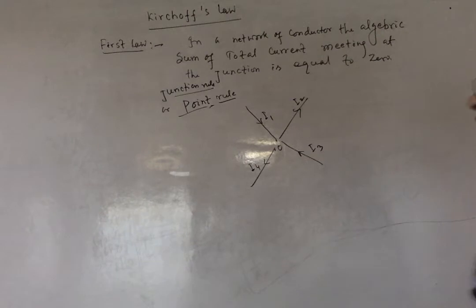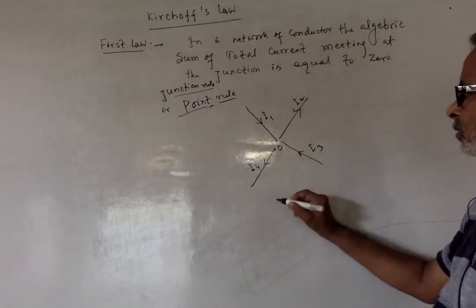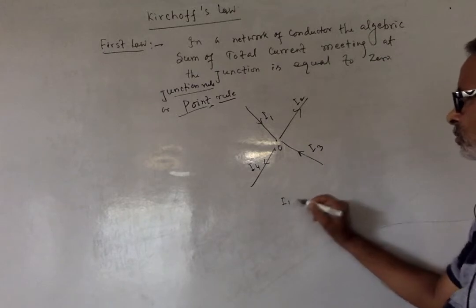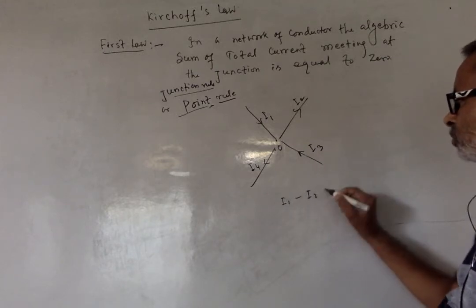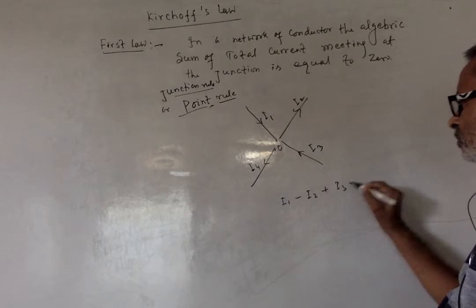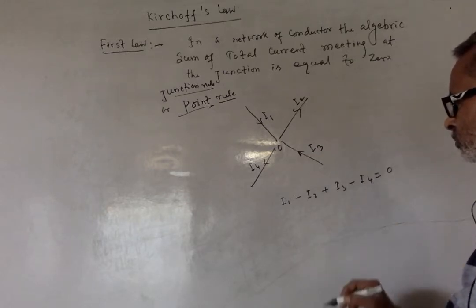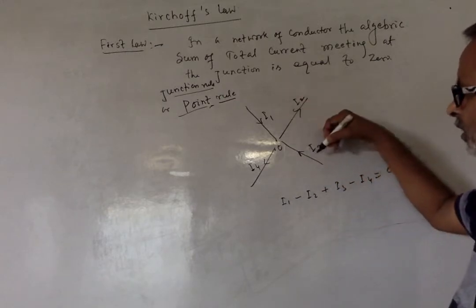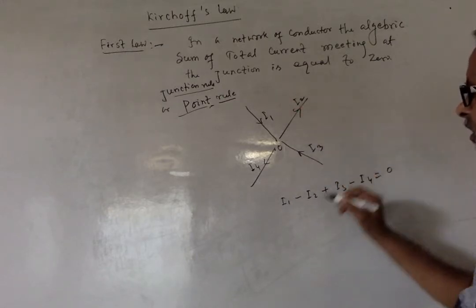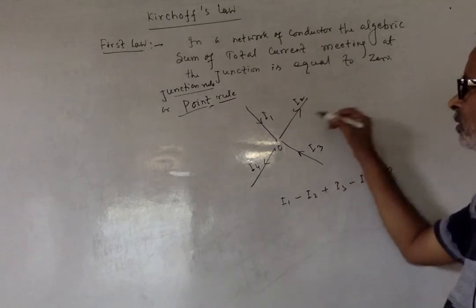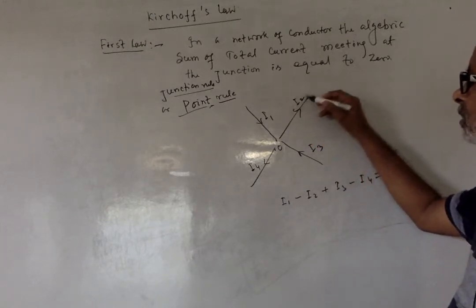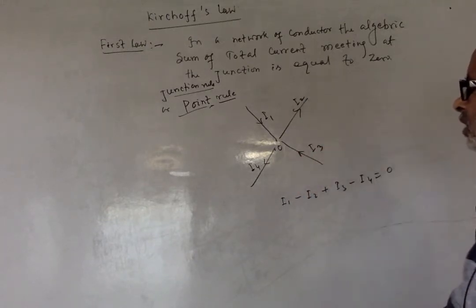Using Kirchhoff's junction rule or point rule, I1 minus I2 plus I3 minus I4 equals 0. The incoming current towards the junction is taken as positive, and the outgoing current, that is I2 and I4, is taken as negative.